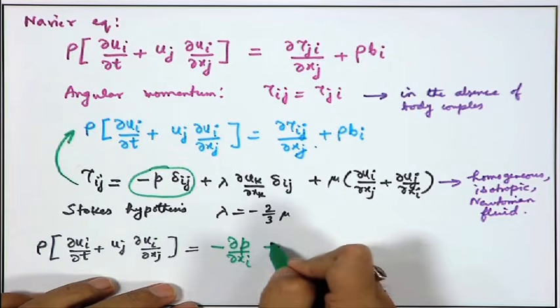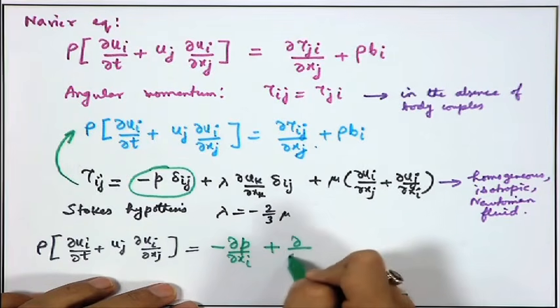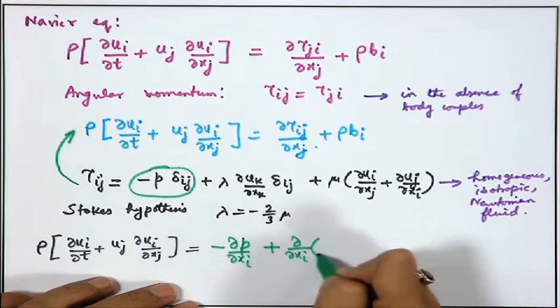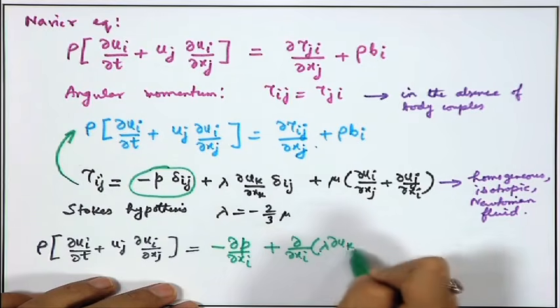Very similarly, the next term is del x i of lambda del u k del x k.